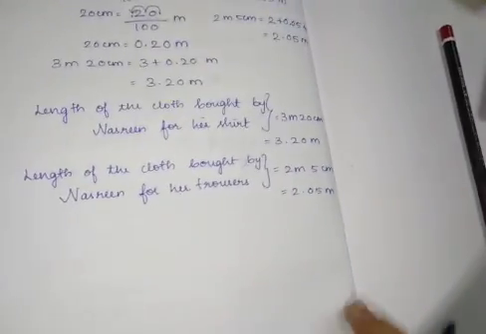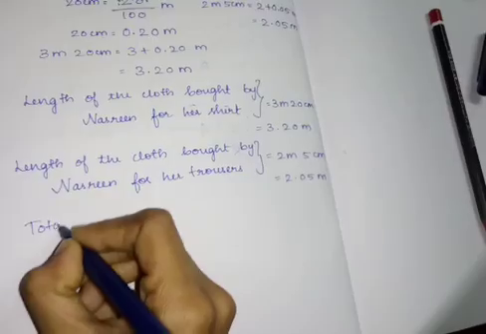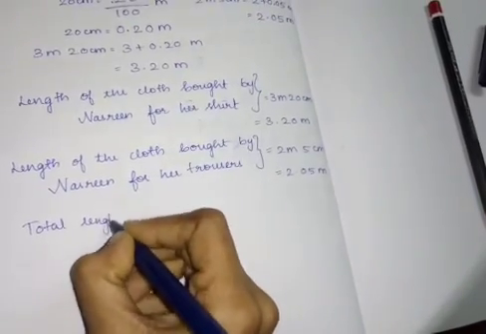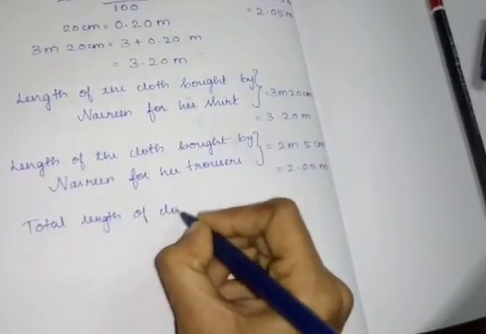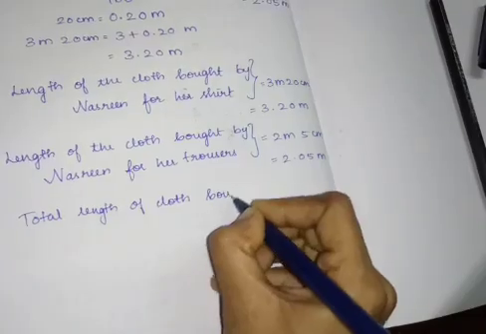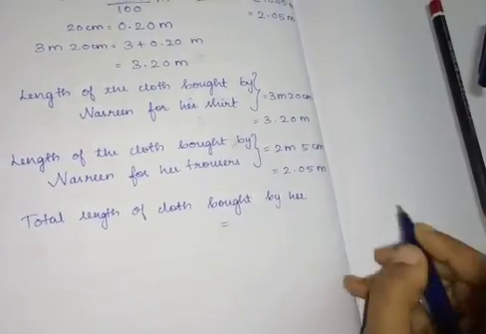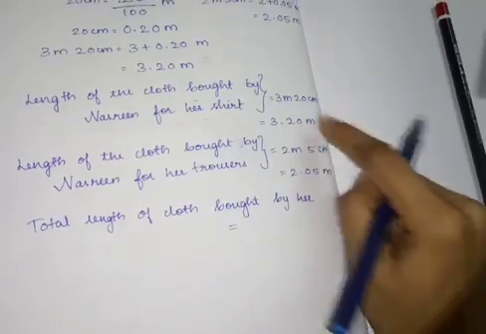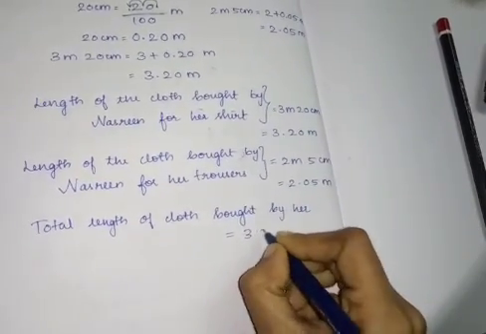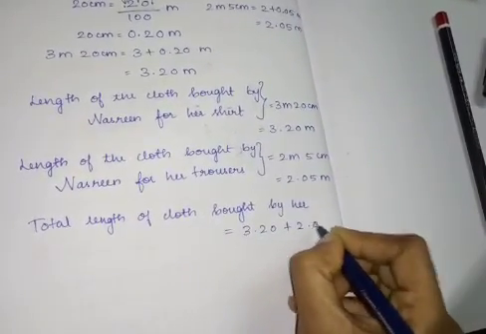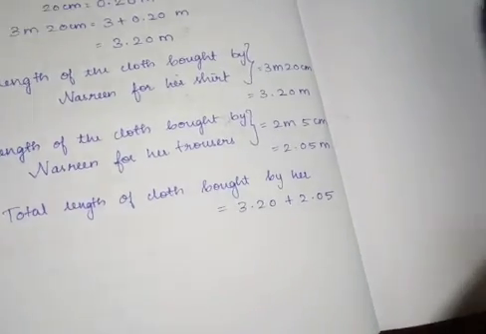So now what you should find? Total length of cloth bought by her. How will you find the total length? You will add these two values, right? 3.20 plus 2.05. So how will you add it, children?